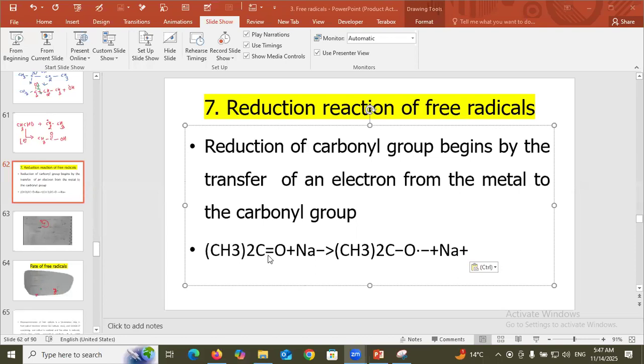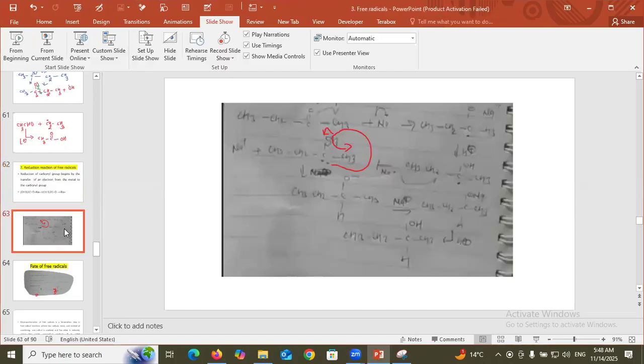Okay, this propanone is reduced by sodium, a reduction of free radicals. In this reaction, the reduction of the carbonyl group begins by the transfer of a single electron from the metal, that is the sodium, to the carbonyl group. This is another example.